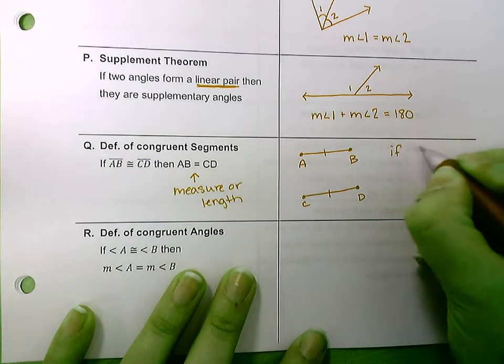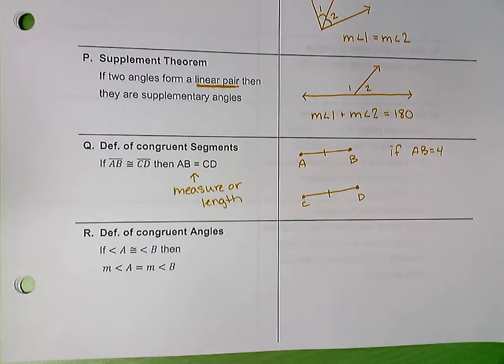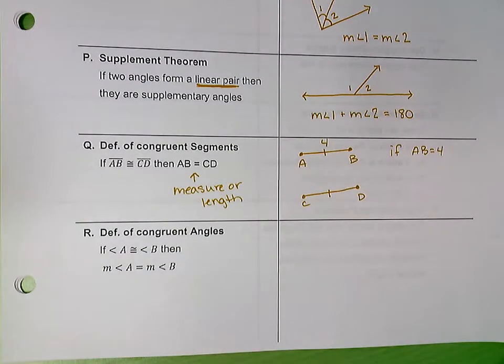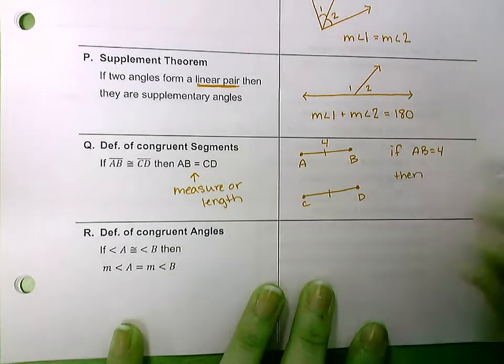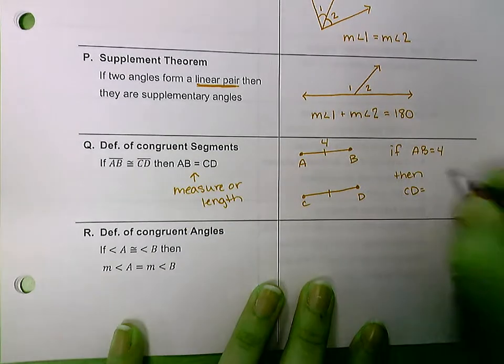Now, if I know AB is equal to 4, so I can label that. Then CD would be what? Equal to 4.